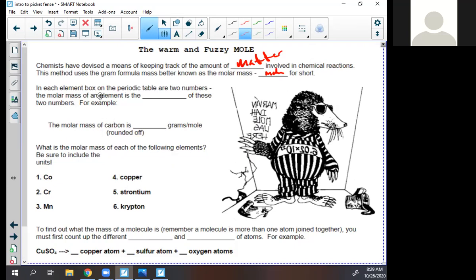In each element box in the periodic table, there are 2 numbers. Now, what we're doing right now and what we just did, they do apply to each other, I promise. The molar mass of an element is the larger of these 2 numbers. Okay, if you have your periodic table with you, will you please take it out?